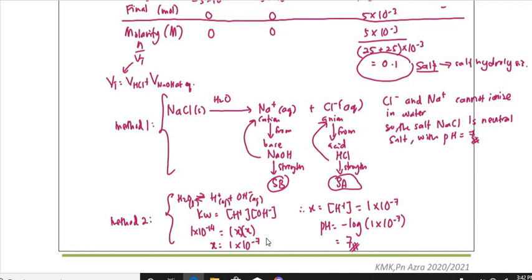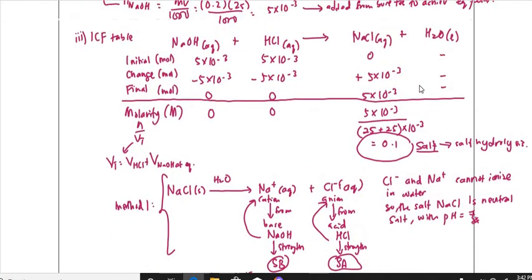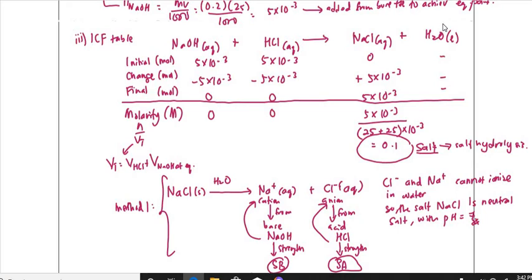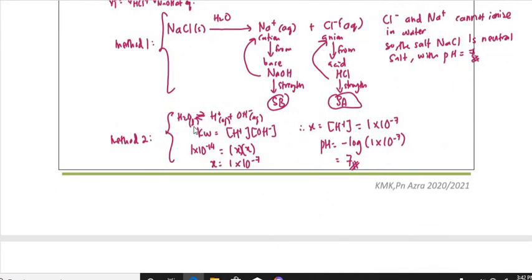Because di dalam conical flask kamu hanya ada salt yang larut di dalam water. So dalam conical flask itu ada water. Okay, based on this equation. Nampak? Di sini masih ada water. That's why based on this water lah kita mencari pH di dalam conical flask tersebut menggunakan water dissociation constant.